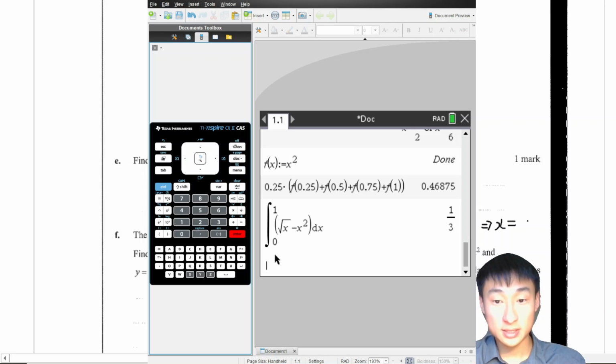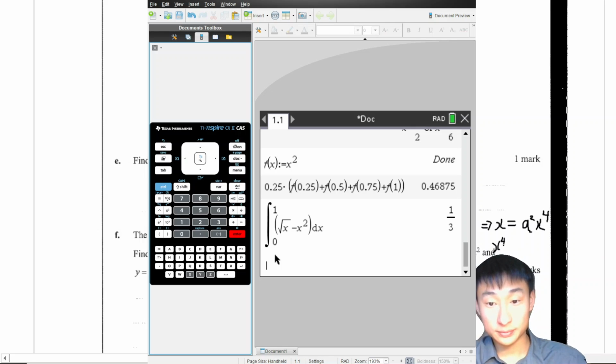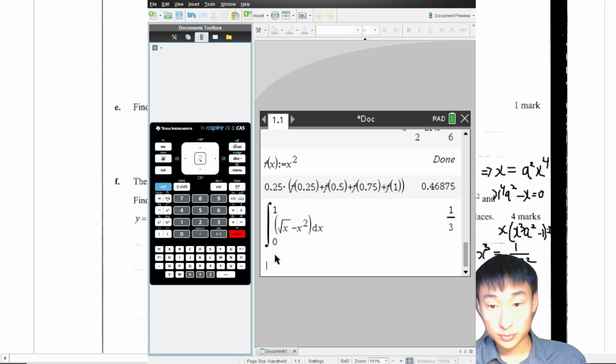That's x is equal to a squared x to the 4, and then x to the 4 a squared minus x is equal to 0, x times x cubed a squared minus 1 is equal to 0, x equals 0, or x cubed is equal to 1 over a squared, so x is equal to cube root of 1 over a squared, which is equal to a to the power of -2/3, I believe.